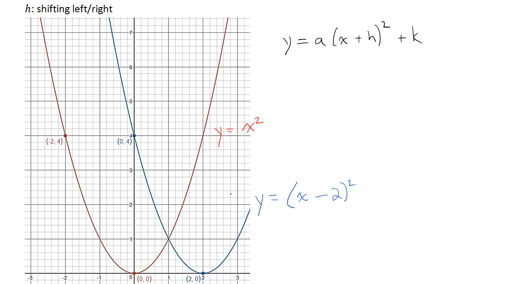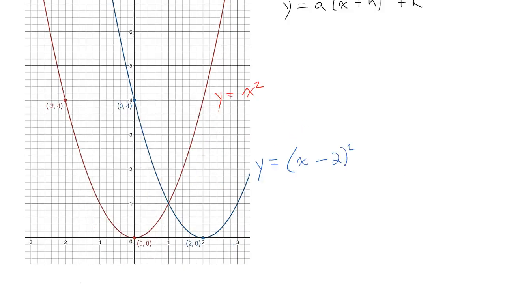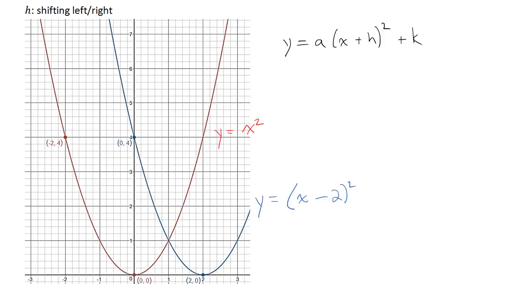Okay, so what's happening to this parabola? Well, we've got our basic y equals x², and that's our starting position. And you can see this blue one, which is y equals (x − 2)², is actually shifted exactly 2 units to the right. So you can see this point right here is shifted exactly 2 units over, straight to the right.